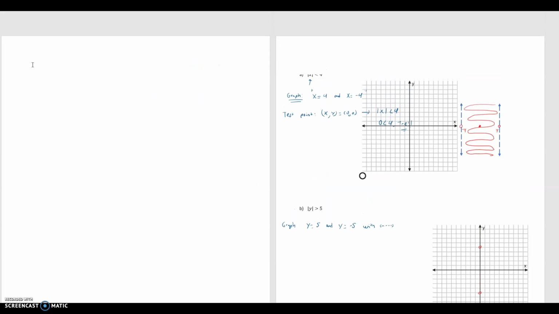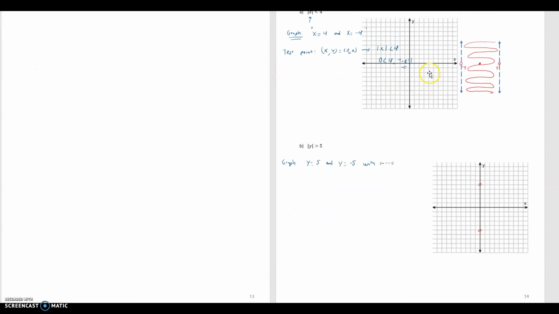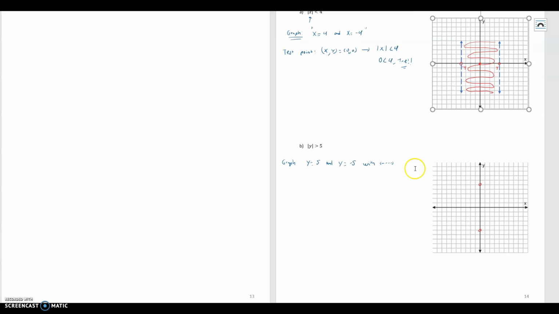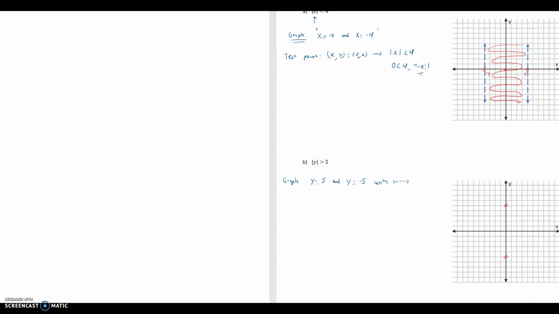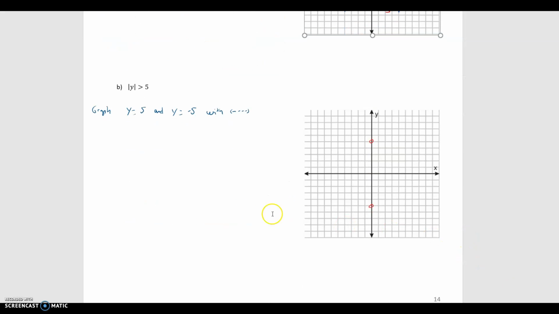And I think the previous graph moved. Let me put it back. Okay, there we go. And let me make this one larger. Also, it's going to be dotted.